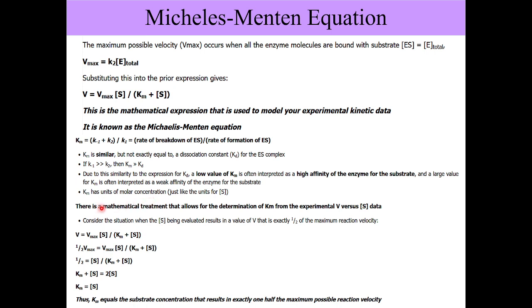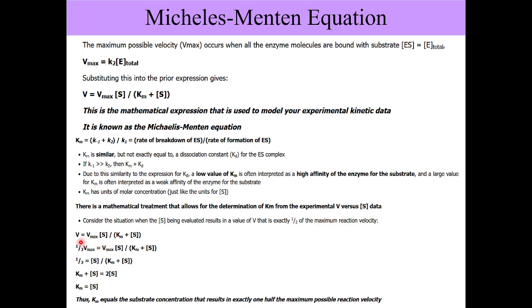Now if you see here, Km has units of molar concentration, just like the unit of substrate concentration. Fine. So there is a mathematical treatment that allows for the determination of Km from the experimental V versus concentration of S data. Consider the situation where the concentration of S being evaluated results in the value of V that is exactly half of the maximum reaction velocity.